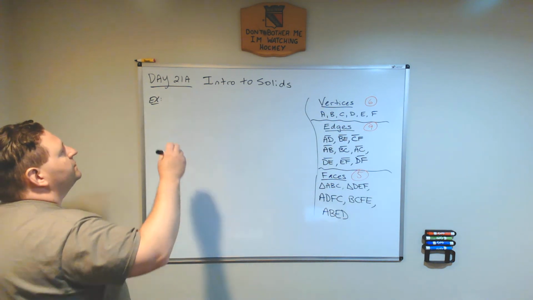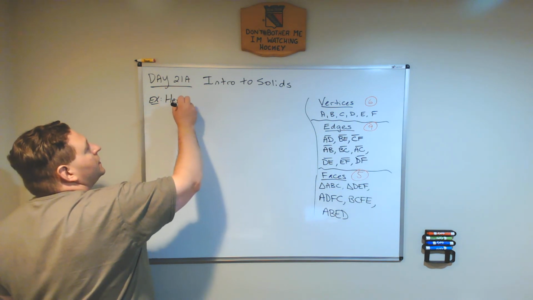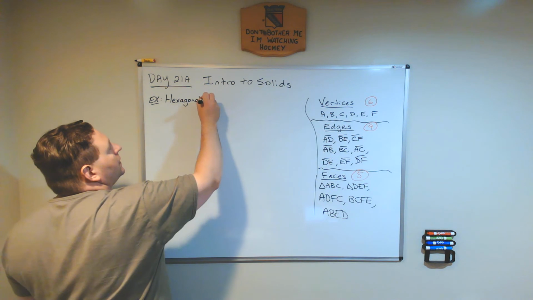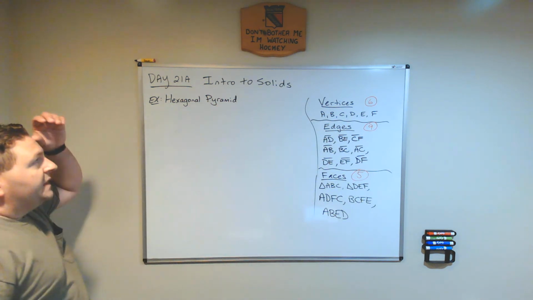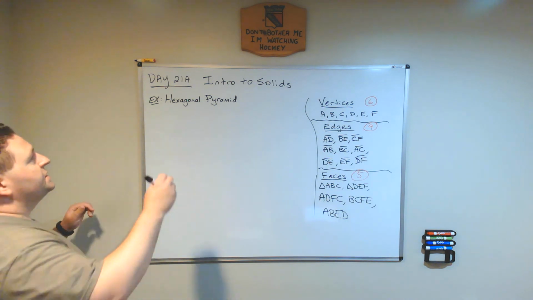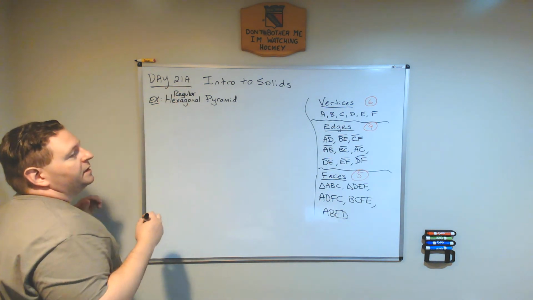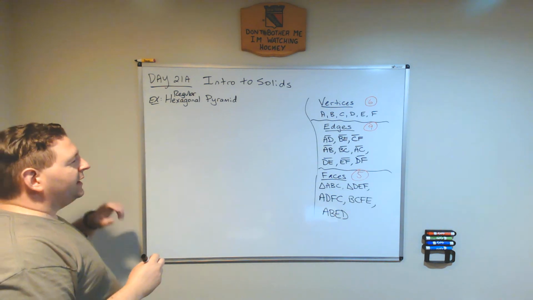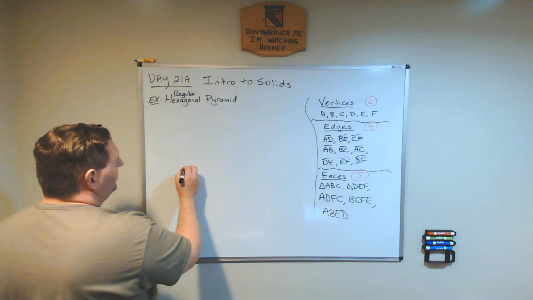I'm going to make now a hexagonal pyramid, and all of these, I guess we should say regular. I'm going to make the base a regular hexagon. So we're going to come down here, again work in pencil.